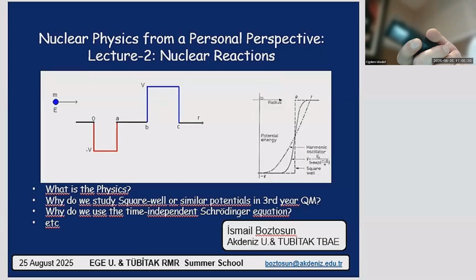Either scattering or reaction, elastic scattering is always present. It always exists. Then it could be inelastic scattering or inelastic reaction. As you see, the initial and final channels are different. Examples are here. It could be radiative capture or photonuclear reactions, photofission, etc.